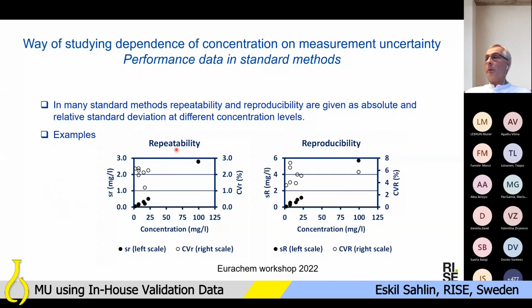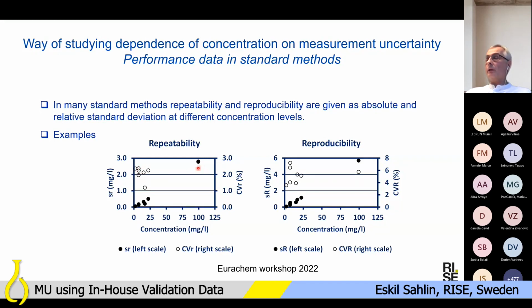Here we have repeatability, and the filled symbols are the standard deviation for repeatability, and we can see that it increases more or less proportional to the concentration. If we look at the relative standard deviation or coefficient of variation, it's the open symbols, and then it's the right y-axis. And at least in my opinion, it's fairly constant and independent of the concentration.